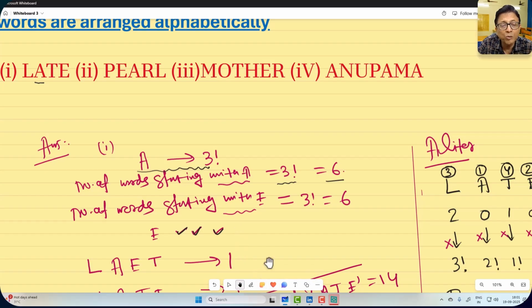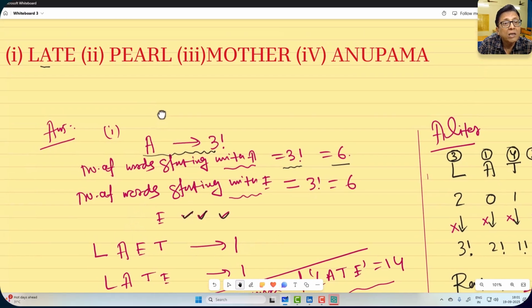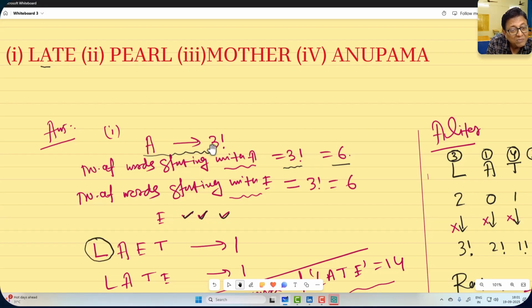Then it is the turn of the letter L. But with L, if you start arranging, then you won't be able to get the rank directly, because LATE will be in those arrangements of the 3 letters ATE in the remaining places. We should not do that. We take L in the beginning spot, but then we think which letter comes alphabetically after L. It is A only, and it follows this sequence LA.